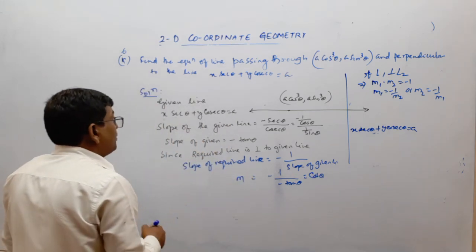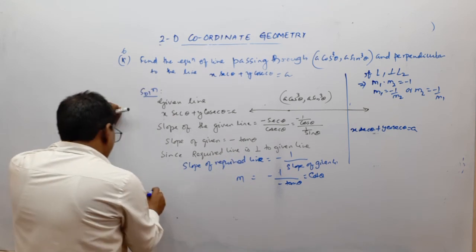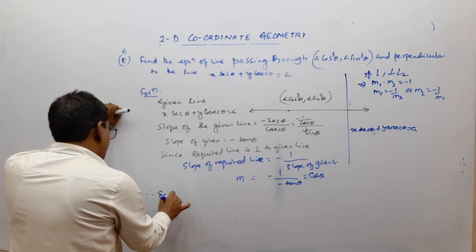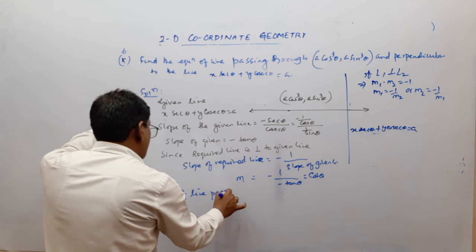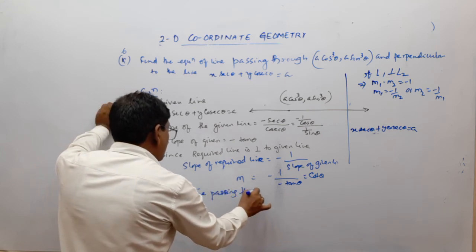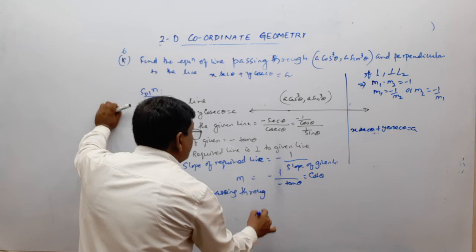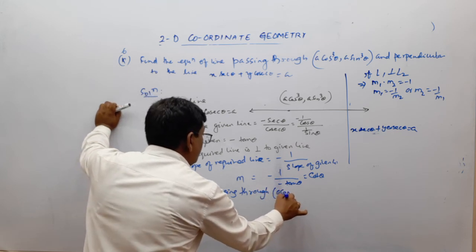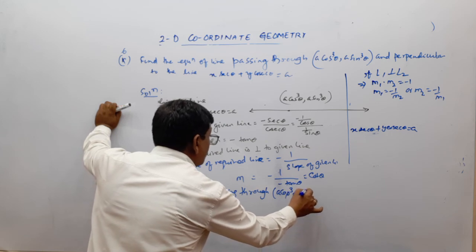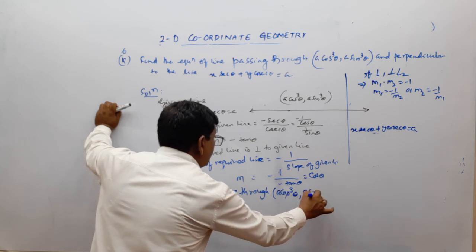Now the equation of the line passing through a cos³θ, a sin³θ.